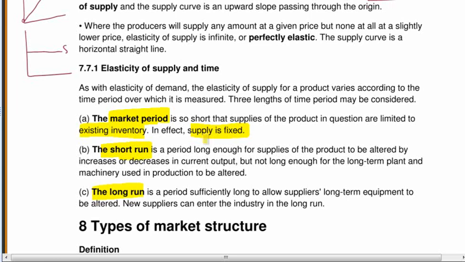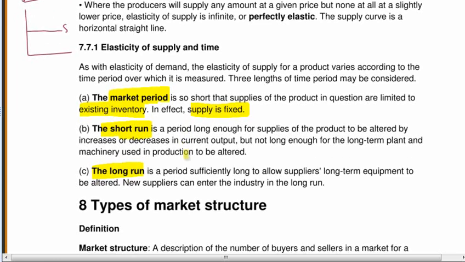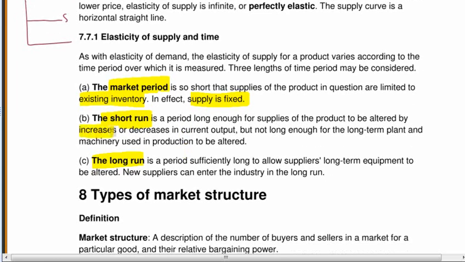Now, in the short run, you can increase or decrease your output, but you don't have enough time to buy any more plant and machinery or indeed any more buildings. So you can take on more workers. You can make them work overtime if you like.